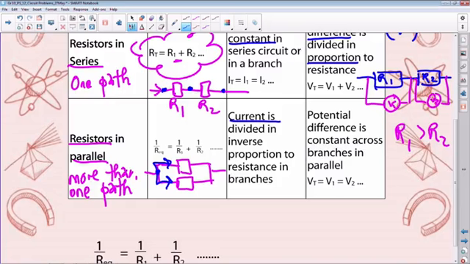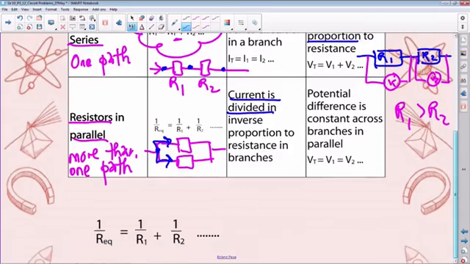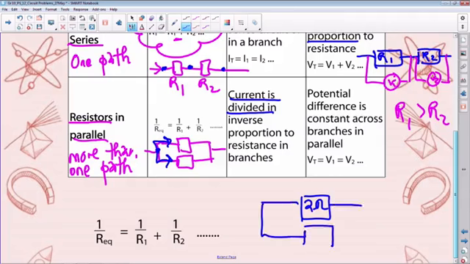Only current is divided. Let's make a simple example. Say we've got a resistor of 2 ohms connected in parallel with another resistor of 4 ohms, which is double. As current is flowing, more current will go to the resistor with lower resistance, and less current will go to the resistor with higher resistance.